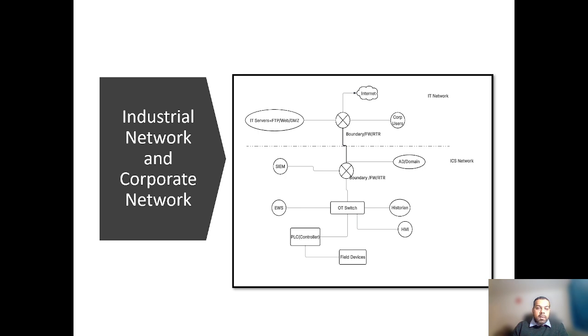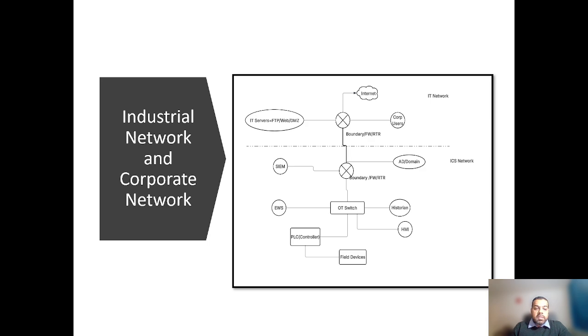So field devices: basically all the sensors, the actuators, the motors which are running in the field, the PLCs, the controllers, the HMIs, historians, engineering workstations, and also domain controllers, which are responsible for managing user identities and permissions, remote access terminals, which allow vendors or engineers to perform remote maintenance, and SIEM systems to collect and analyze security logs. So this is all part of the ICS network.